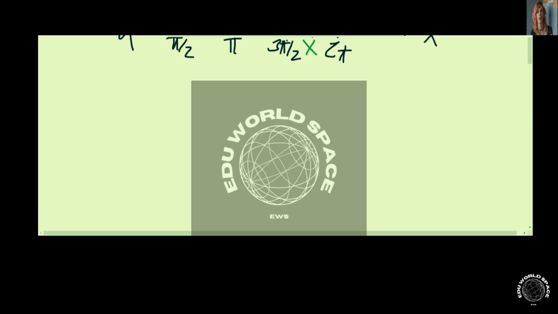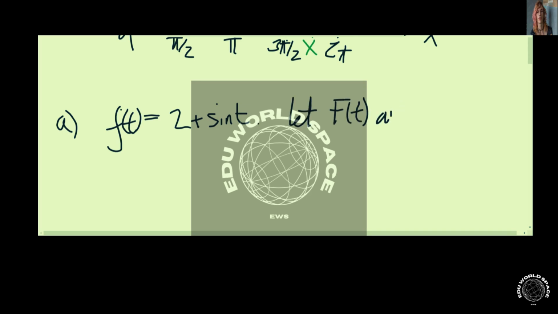Okay, now we want to find g prime of x in part A by using part 1 of the fundamental theorem of calculus. So a function little f of t is 2 plus the sine of t. Now we'll let big F of t be the antiderivative of the function little f of t.